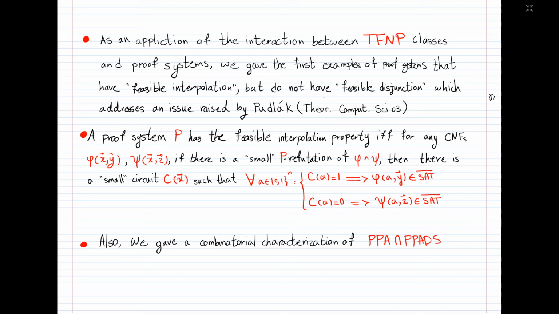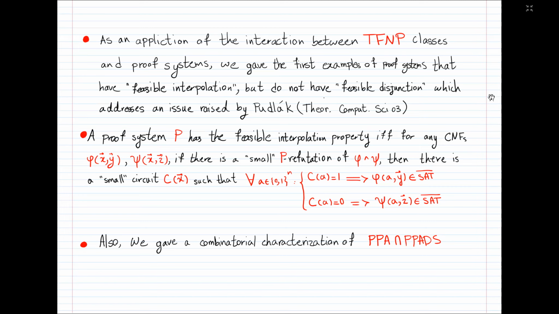Before this work, any example of a proof system that has the feasible interpolation property also had the feasible disjunction property. We gave the first examples of two proof systems, RevRes and RevRes(P), both of which have the feasible interpolation property but do not have the feasible disjunction property, which is interesting in its own right.